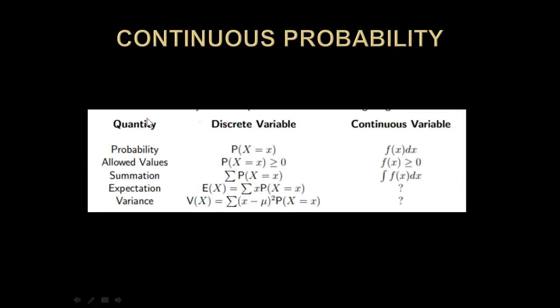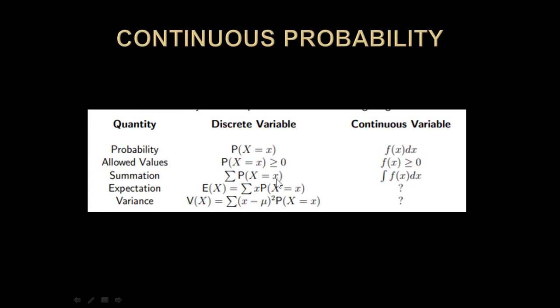So if we have a probability for a discrete variable, it is represented as P of capital X equal to small x. For a continuous one, f of x dx. For allowed values, a discrete variable is limited to P of x greater than or equal to 0, whereas for a continuous variable, f of x must be greater than or equal to 0 as well.